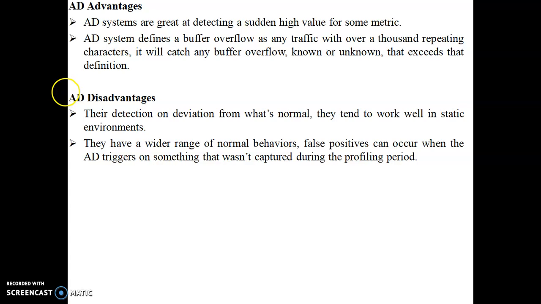Anomaly detection has some advantages. They are great at detecting a sudden high value for some metric. Means if there is suddenly some deviation. A metric is given that name for measurement purposes.